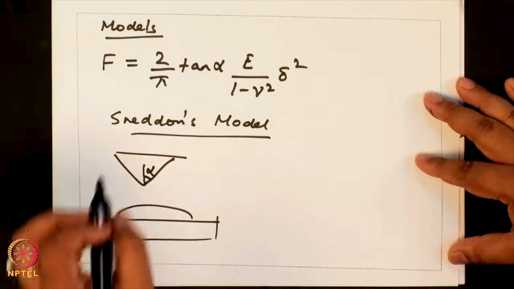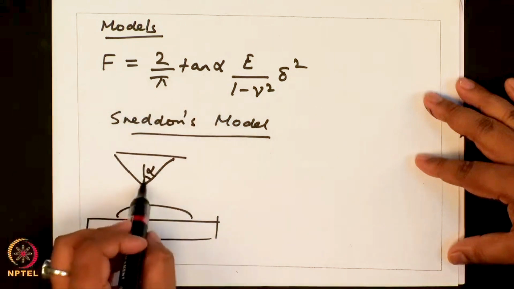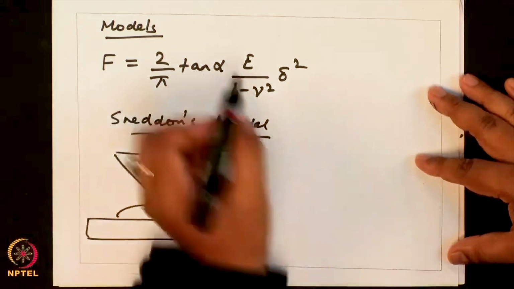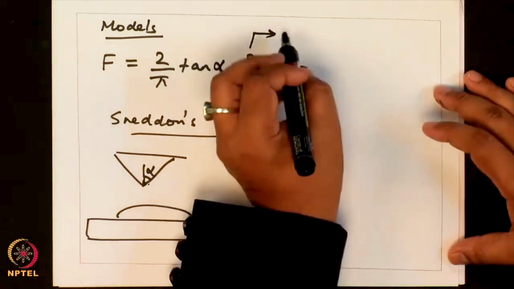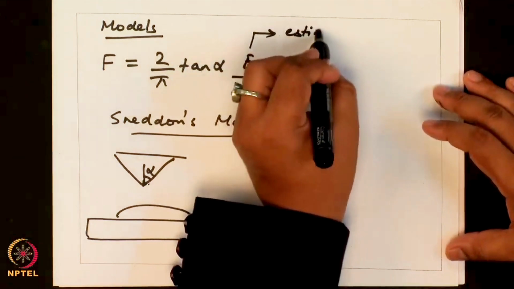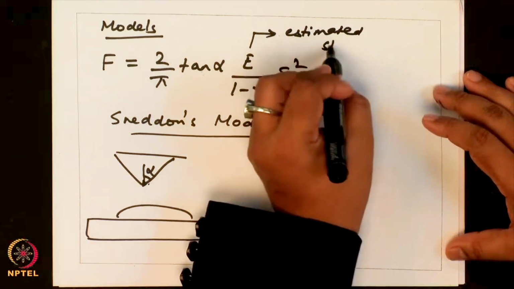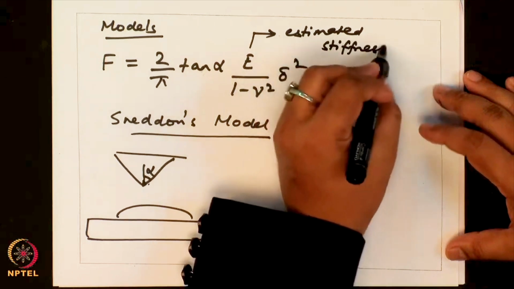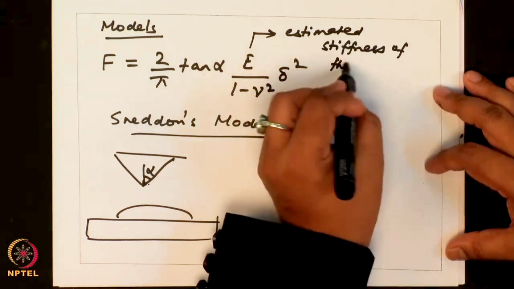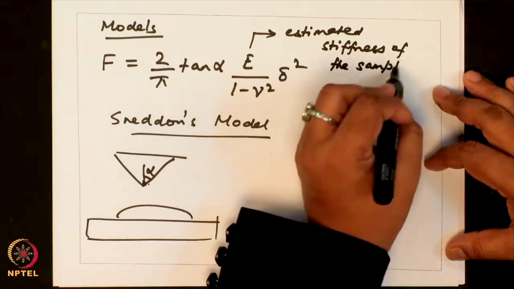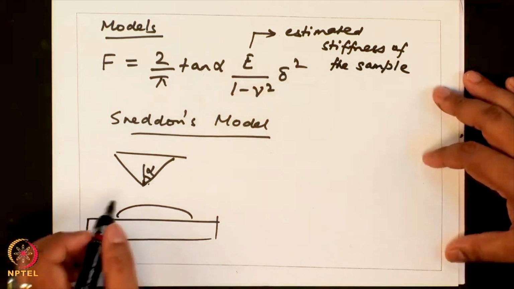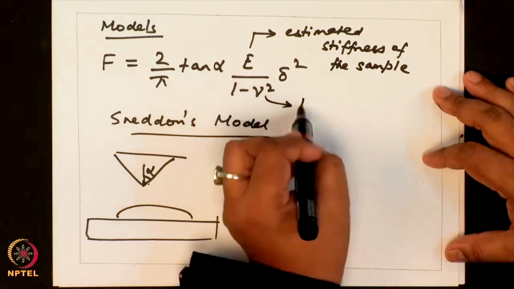So, alpha is the tip half angle. So, this angle is called alpha. Here E is the estimated stiffness of the sample, okay, and nu is the Poisson's ratio.